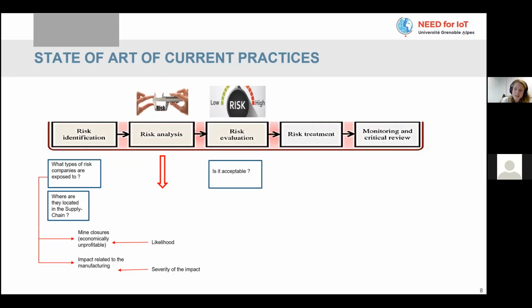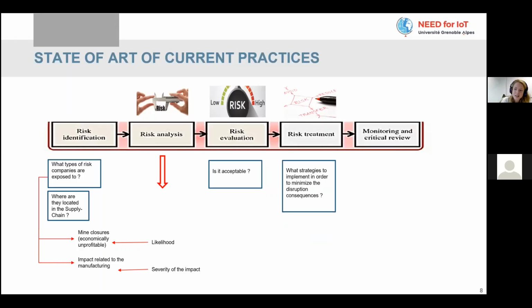For me, it depends on the importance of this risk for my company. If not acceptable, we have to treat it. Also, it depends on the evaluation. And at the end, we have to monitor this risk. Why? Because when we evaluate risks, it's at this point in time. But the context evolves and my company will also evolve.